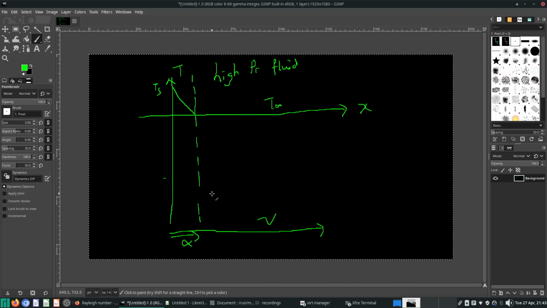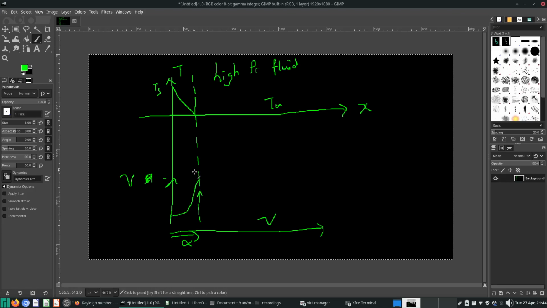However, something interesting happens. Since there's convection, if you take a look at the V, we notice that there will be some upflow here, and in fact here's the place where you have the biggest upflow.